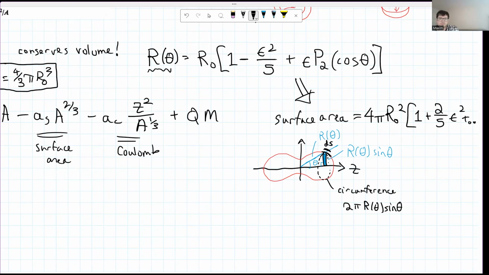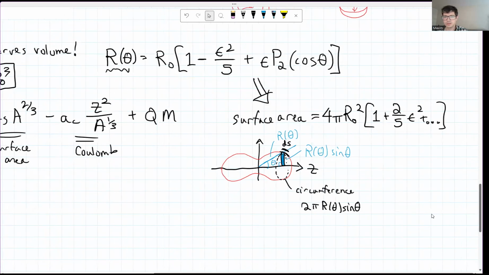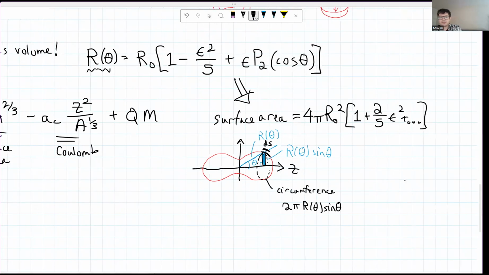So the surface area is equal to 2 pi times the integral of r theta sine theta.